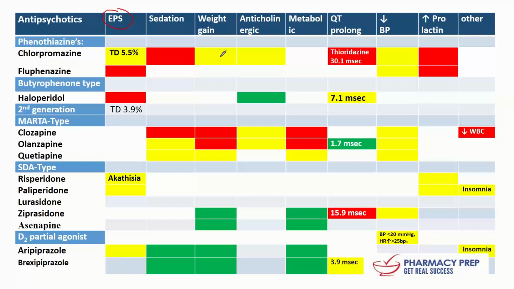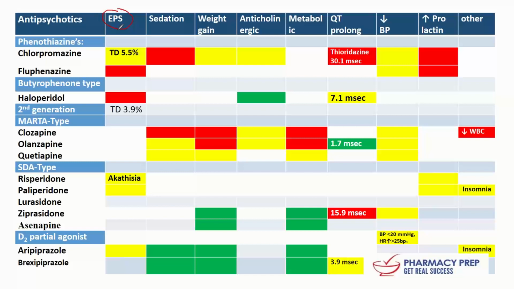EPS has four symptoms: dystonia, akathisia, Parkinsonism, and tardive dyskinesia. So there are four symptoms grouped into what is called extrapyramidal symptoms. Those were discussed in detail in the previous video, along with the physiology.